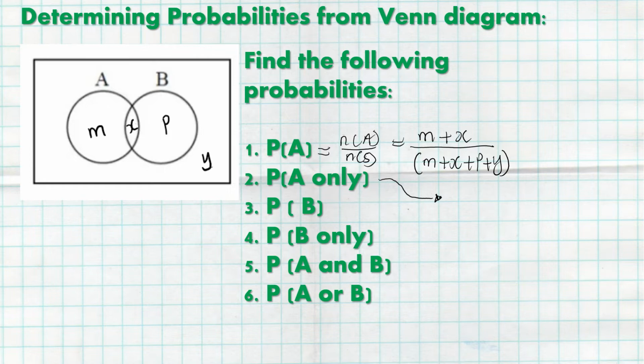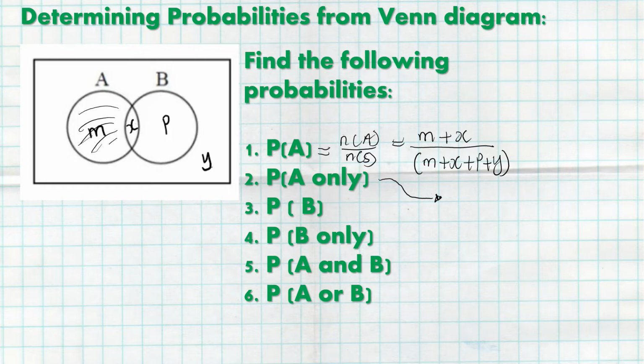When we say probability of A, we just take everything that is found within event A. We don't care whether there is another outcome that is in A that is also in B. We just take everything. But now when we say A only, we must choose the outcomes that lie in event A only, without lying also in another event. So we're going to check for that.